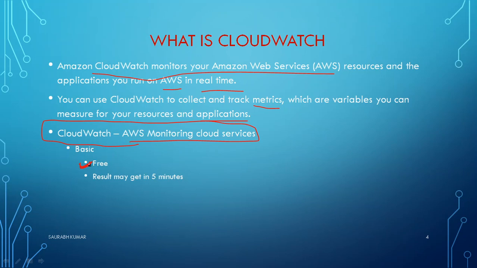But there is a problem: it may take around 5 minutes to give you a notification, take any action, or display the notification on your screen. So it is a bit slow, and compared to the other one there may be just 5 to 10% extra features.